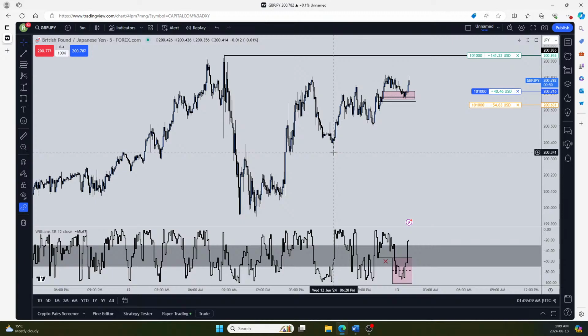Gotta see speed. We have to see speed here.